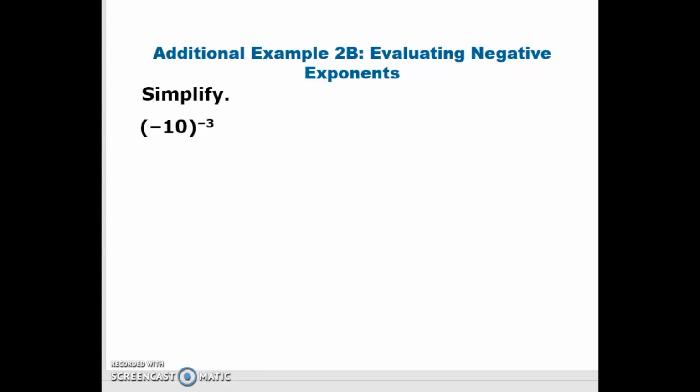Now, let's do one with a negative as our base, because we know that that can be a little bit confusing and a little bit of an issue. So remember, because the negative is here in the base number, that just tells us that the repeated multiplication is of a negative number. So this becomes 1 over negative 10 to the 3rd power.